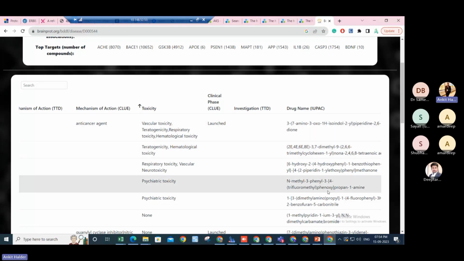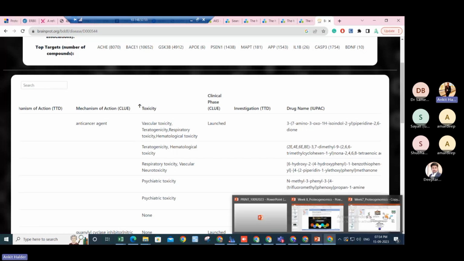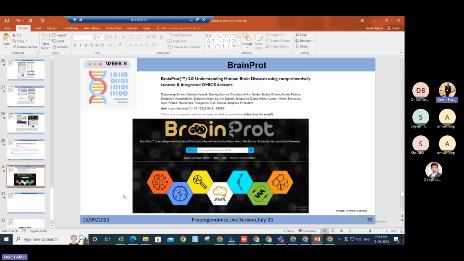You can get all this information before starting to design your experiment. So all these tools are helpful in a way that gives you an opportunity to understand the data much better.